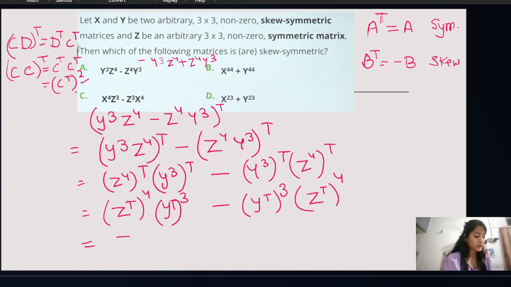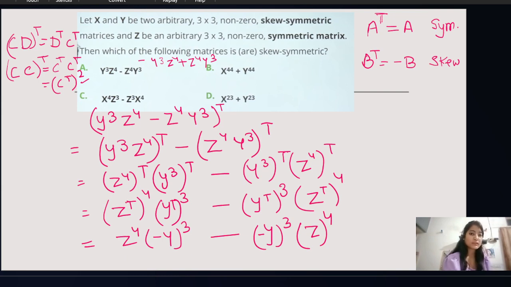So from here we are getting Z^4, and this Y is skew symmetric. That means we get the negative of the matrix while finding the transpose. So from here we get Y^3 Z^4 minus Z^4 Y^3, right? Like this. Now if we write further, here we get Z^4.